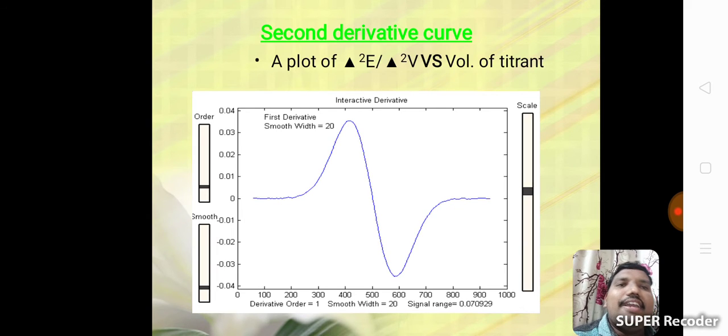See the second derivative curve. The second derivative curve is nothing but a plot of delta square E by delta square V versus volume of titrant. Here also we take delta square E by delta square V on the y-axis, volume of titrant on the x-axis. This is the third graph, the second derivative curve graph.